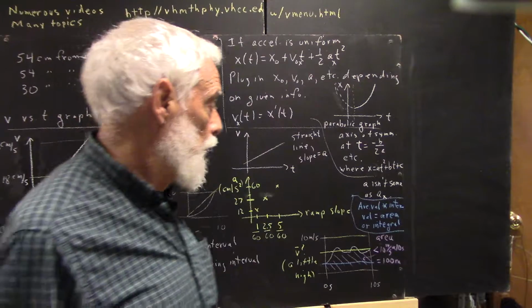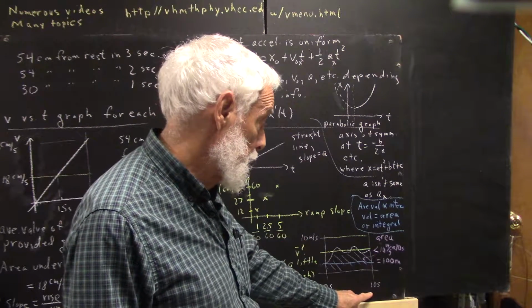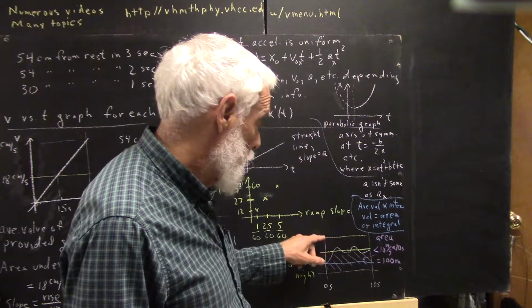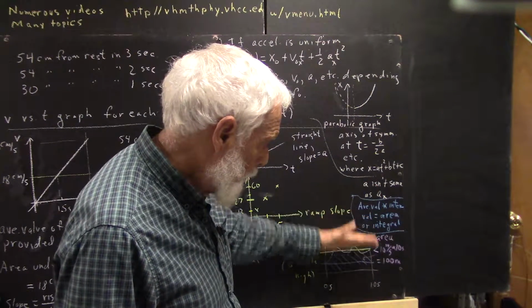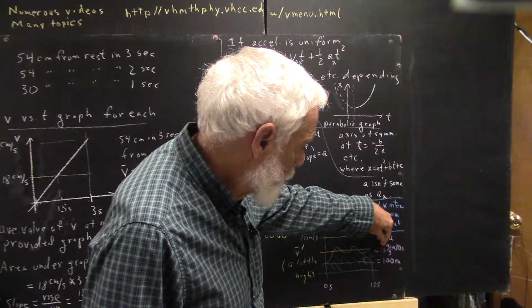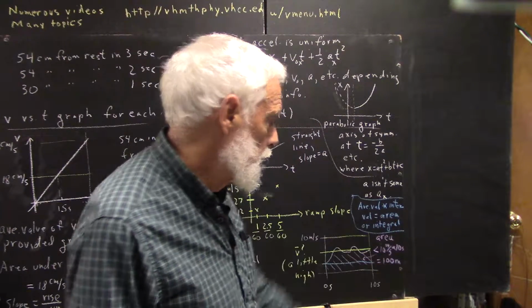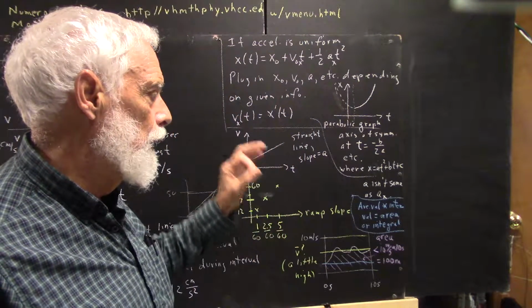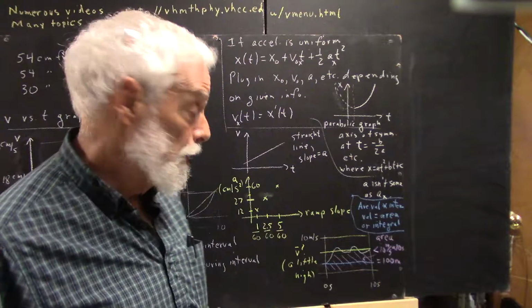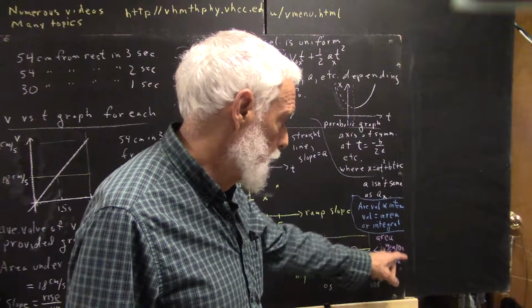Well, it's not just 100. It's 10 meters per second times 10 seconds. The area of this green bounded rectangle, the big rectangle, is 10 meters per second multiplied by 10 seconds, which is 100 meters. Or rather, I'll say the area of this rectangle would represent 100 meters because it's a product of so many meters per second times so many seconds.